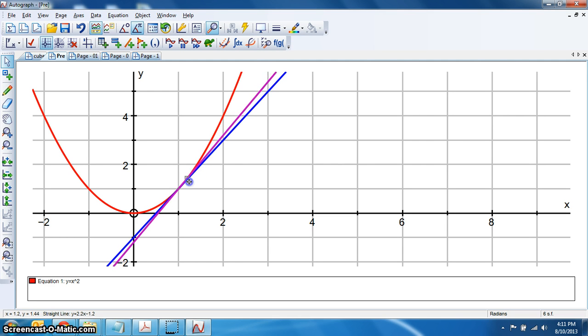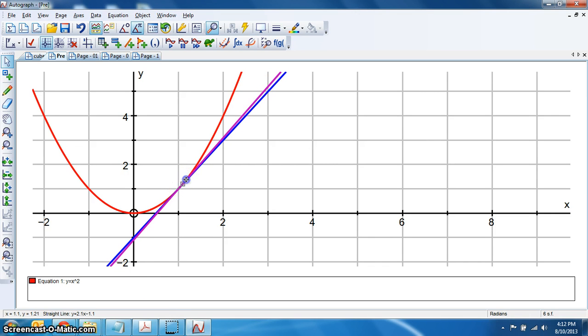In other words, in the terminology of last week's lesson on limits, the limit as Q approaches P will give the limit of the secant line approaching the tangent line. And we see that from this simulation here. As we get closer and closer, the secant line is approaching the tangent line.